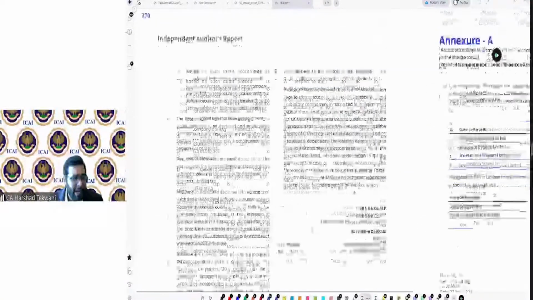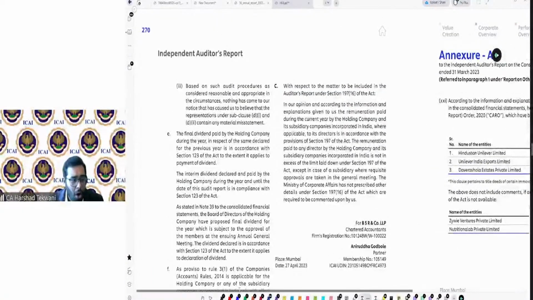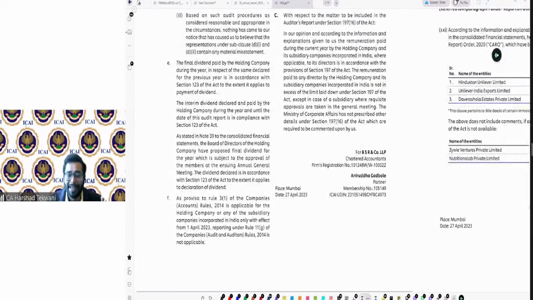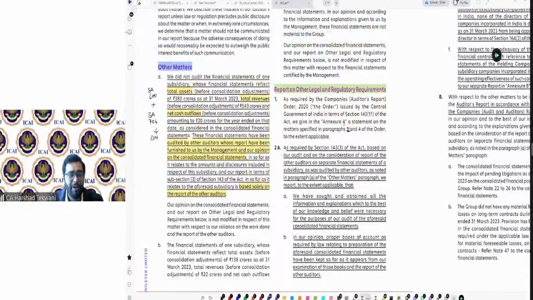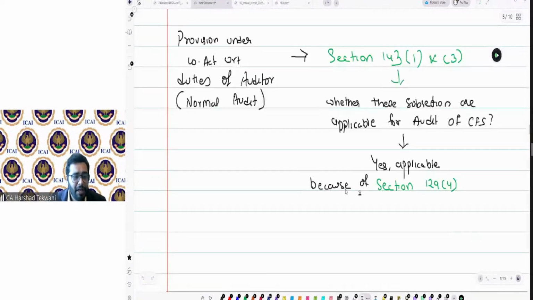So I'll not go into detail, but I'm just showing you that all the things which are part of your standalone financial statement with respect to report on other legal and regulatory requirements are already part of the consolidated audit report on the consolidated financial statement. There is no change on that. So section 143 is applicable in the same way it is applicable in the audit of separate and standalone financial statement.